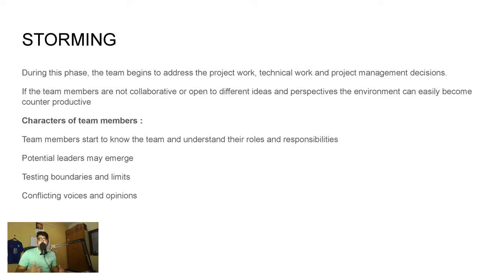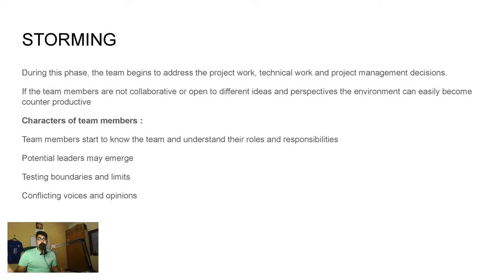Here, the characteristics of the team is more around the team members raising their voices, conflicting opinions coming out, and each of them having their own thought process. But there is a good side to it as well. This is a position where you can identify potential leaders.